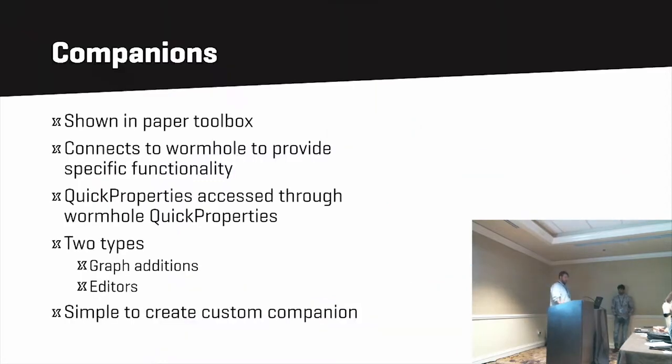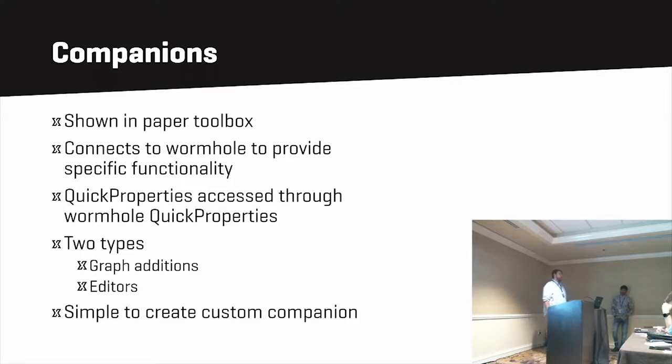So let's go into companions a bit more. They are shown in Paper Toolbox. You can connect them to a wormhole in order to provide specific functionality. The quick properties can be accessed by either clicking the companion sometimes, but if not, you can access them through the wormhole's quick properties.